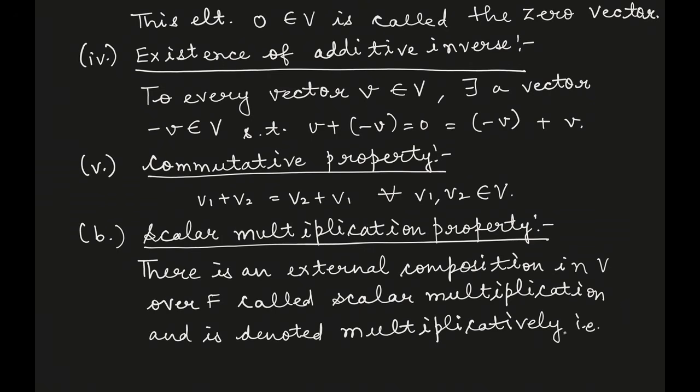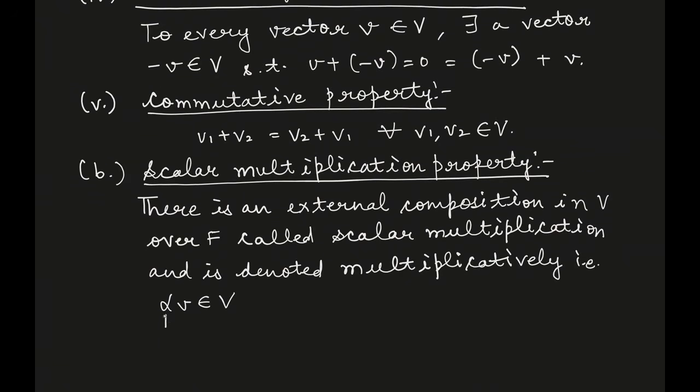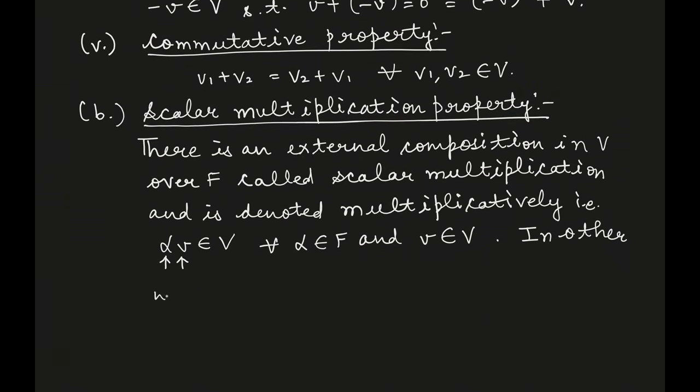That is, alpha V belongs to capital V, meaning we will take a scalar and a vector. Their multiplication is known as scalar multiplication, for all alpha belongs to field, scalar comes from field, and vector belongs to this capital V set. In other words, we can say that V is closed with respect to scalar multiplication.